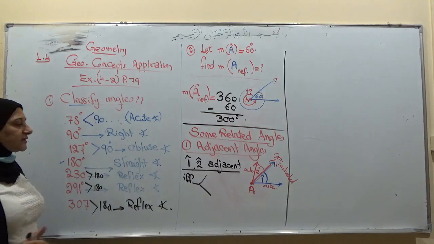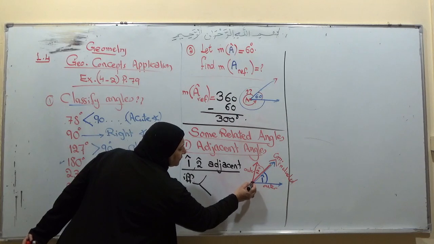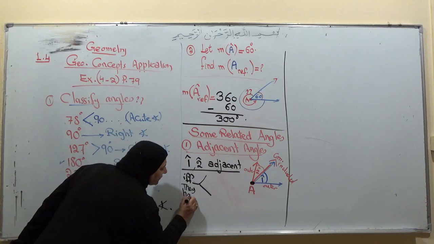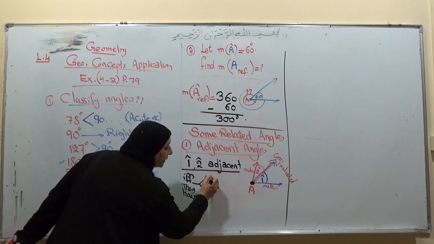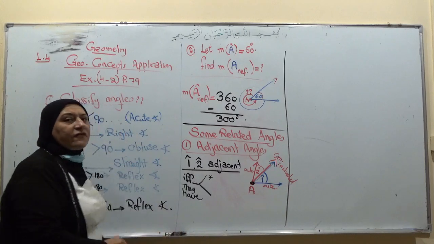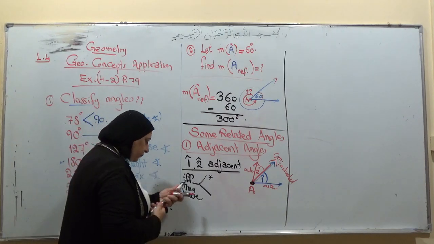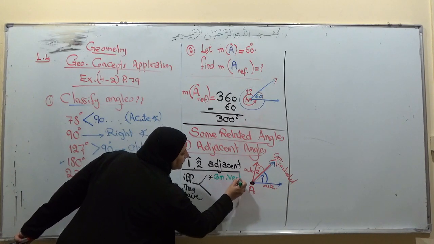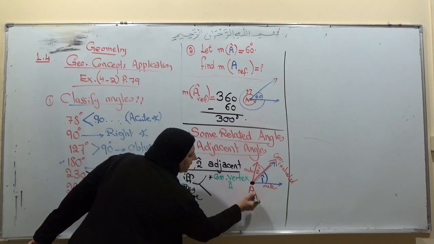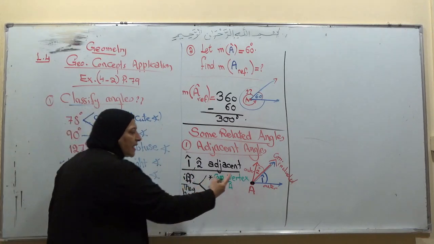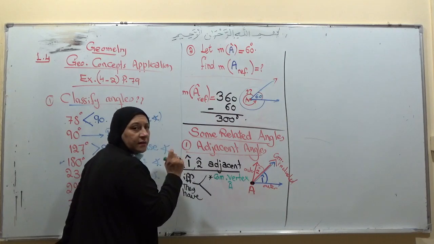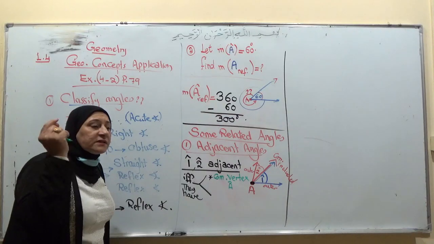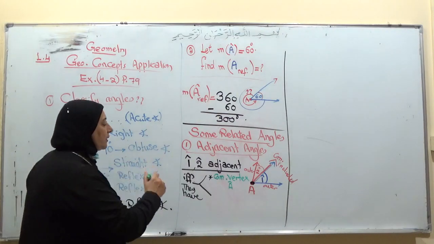Number 1, we have a common vertex A. The common vertex means the blue angle 1 has vertex A, and the red angle also has vertex A. So A is the common vertex between the two angles.